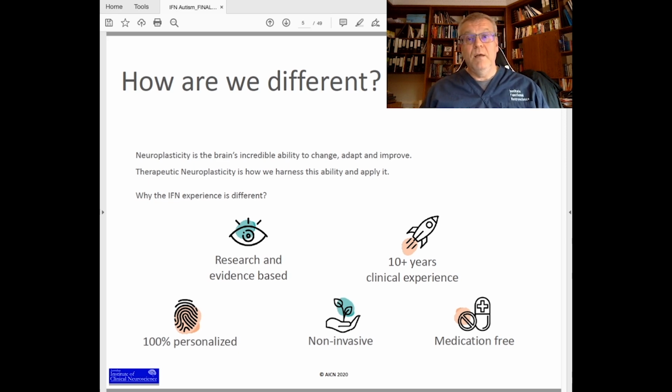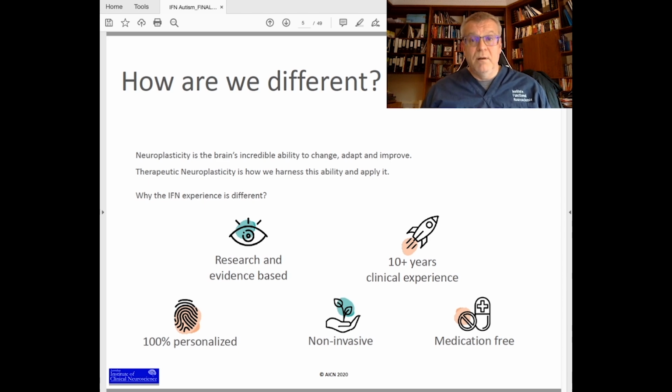We've been doing this now for over 10 years. We've got probably the most experience clinically in the world using neuroplasticity techniques. It's 100% personalized for you, and we'll get into how we do that later.